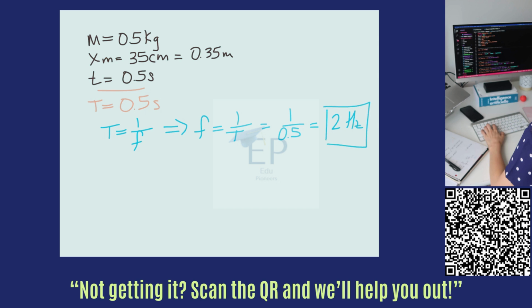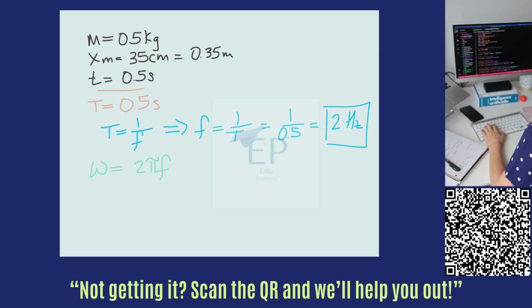Part C wants to find the angular frequency. And our equation for angular frequency is omega equals 2 pi f, which is what we're going to use for this.